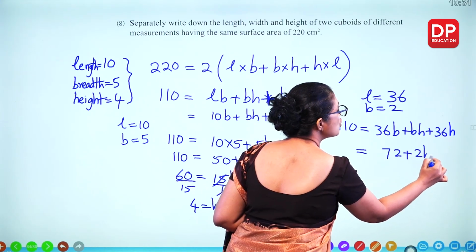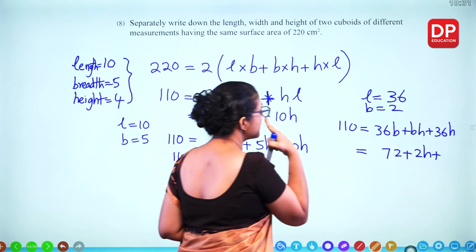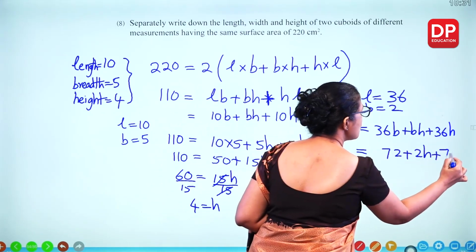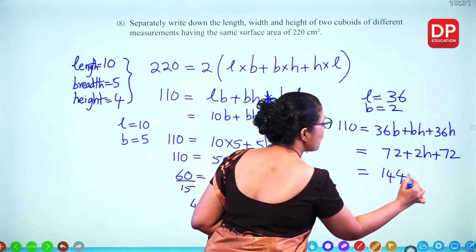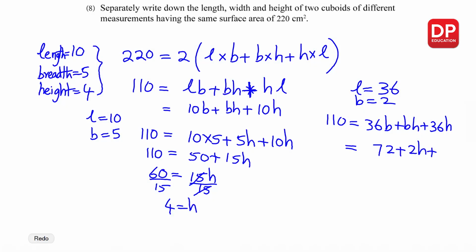You get 2H here, and 36 times 2, 72, plus 2H, 36H. So you get 110 minus 72, 38 equals 38H.